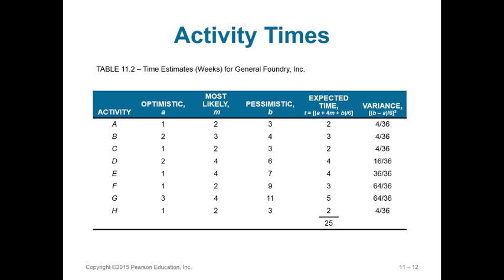But because we have A before C, B before D, and then E, F, and G dependent upon each other and other strains, then you don't have 25 weeks from start to finish. It's going to be shorter than that because some things are going along at the same time as others. A and B are going along at the same time, C and D are going along at the same time, etc.